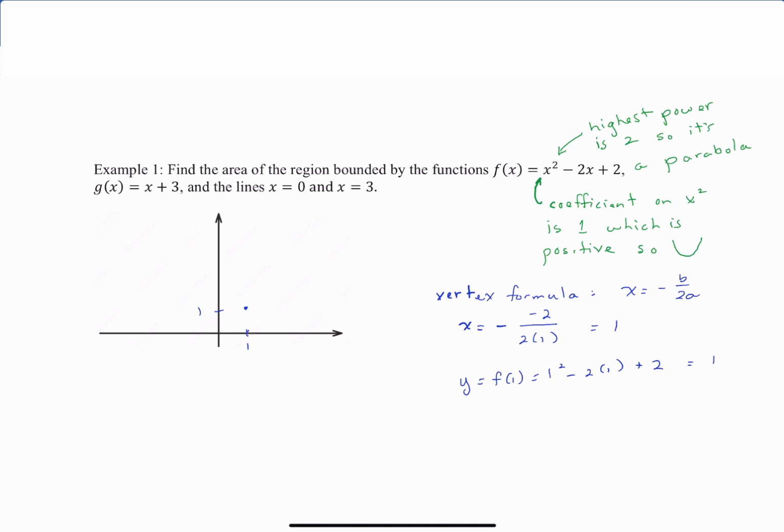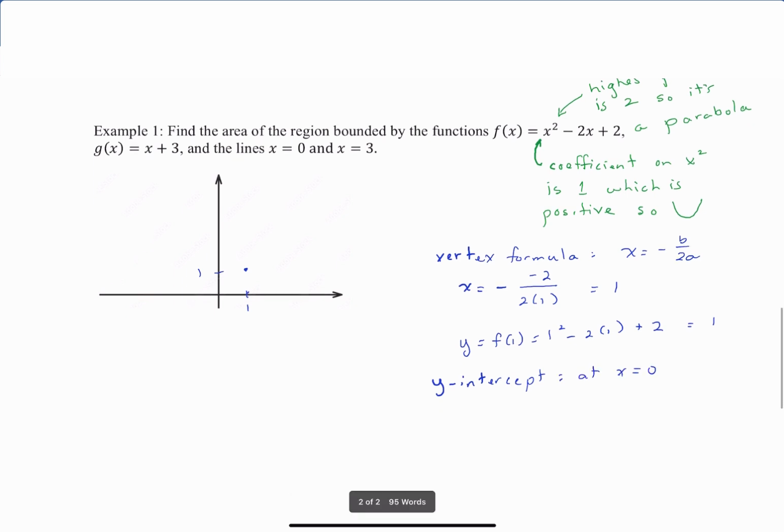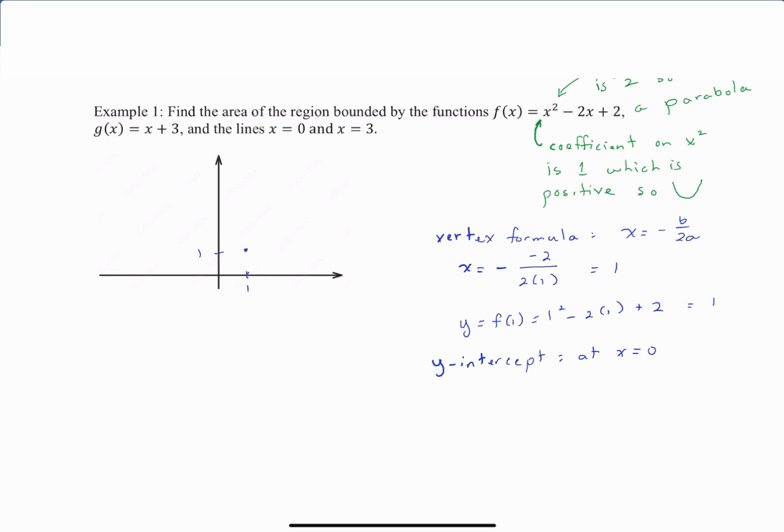It can't have any x-intercepts because it can't touch the x-axis, because its lowest point is at the vertex. But let's see where it crosses the y-axis. The y-intercept is always at x equals 0. So the y-intercept will be at f of 0, which is 0 squared minus 2 times 0 plus 2.